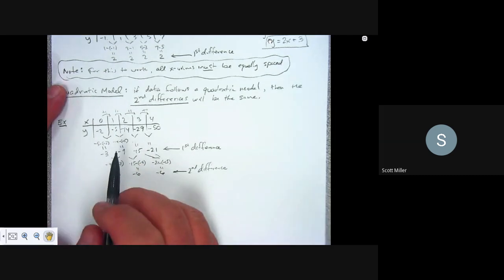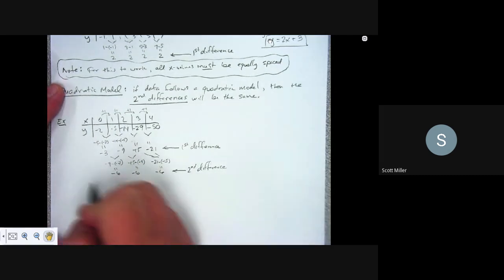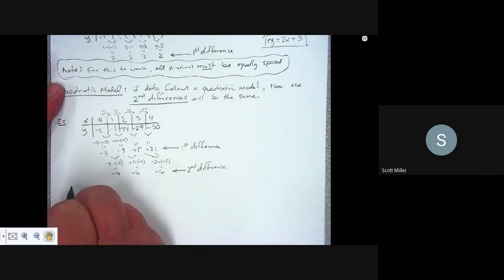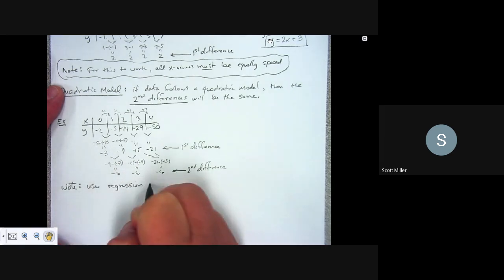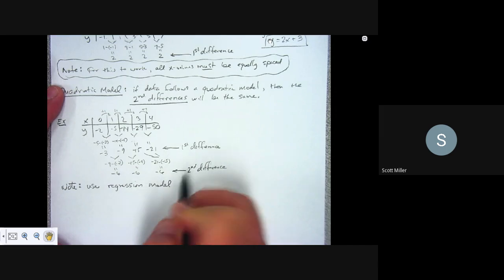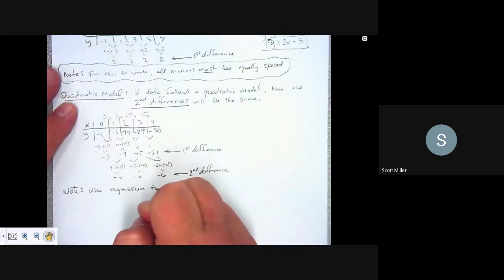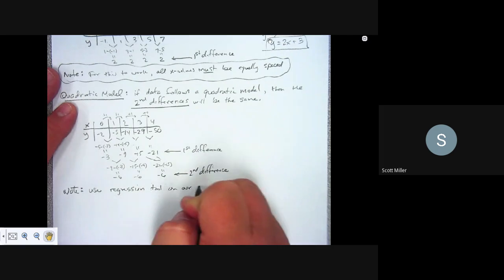Now, there is a video in your important info about how to use the calculator to do what's called a regression model. So at this stage, we're going to use the regression model. Let me put it differently. Let's use the regression tool on our calculator.